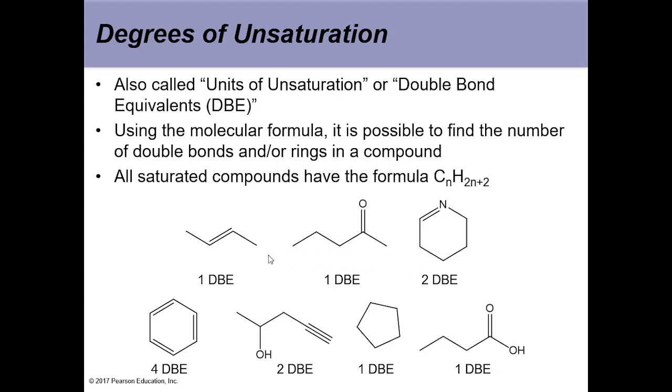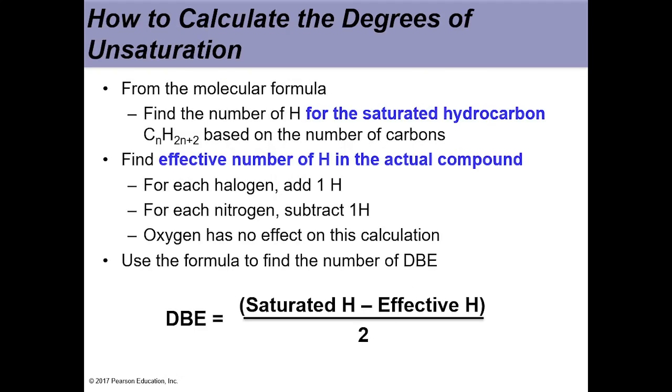This is when you have the structures, but what if you are not given a structure but only given the formula? How do you determine the DBEs? Here's the rule, and we're going to give examples to show you how to apply it. When you are given a formula of the compound, you need to identify the number of carbons first.